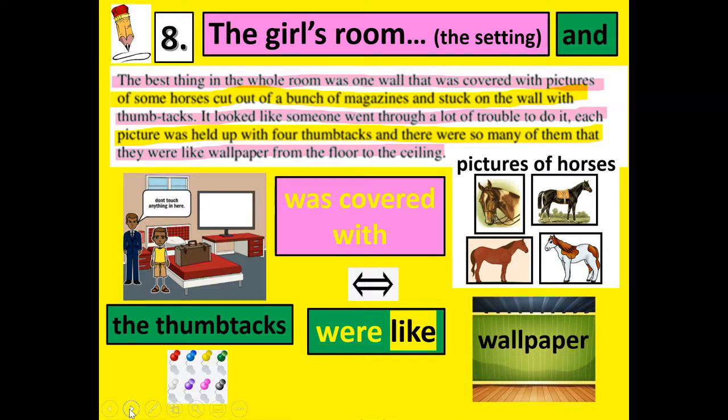And when you say they were like something, that is a simile. So he's comparing the many thumbtacks that were all over the wall, it was like they were wallpaper. So you can write, the girl's room was covered with pictures of horses, and the thumbtacks were like wallpaper.